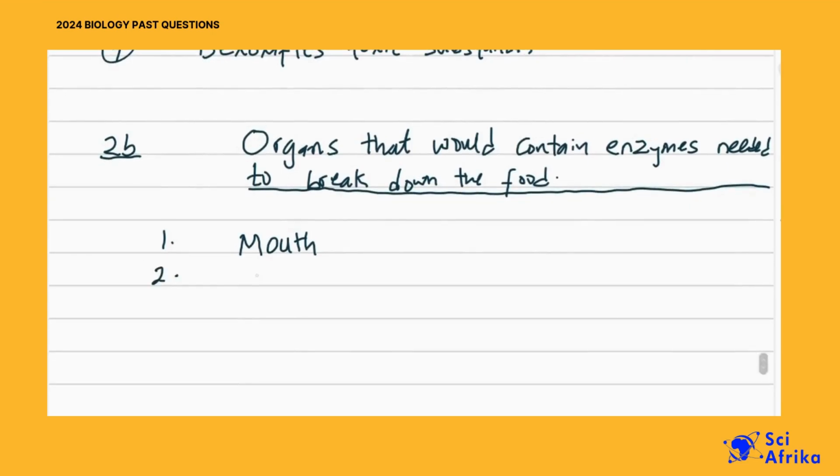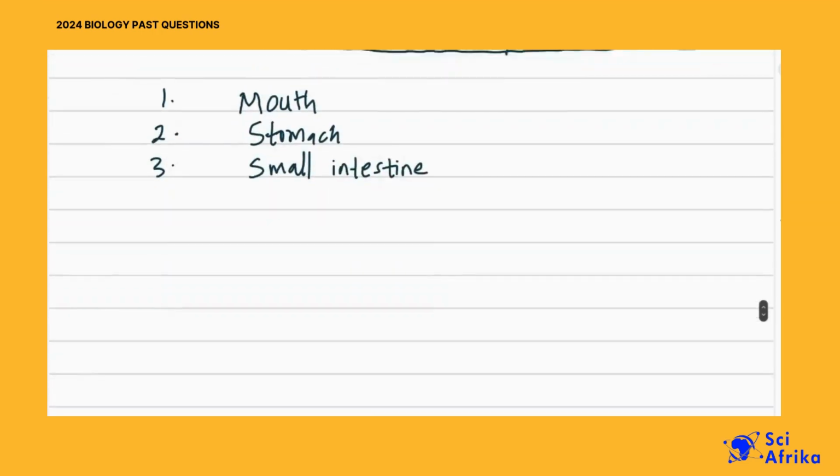The stomach has pepsin, and the small intestine has the enzymes lipase and erepsin for digestion of food. So the mouth, the stomach, and the small intestine are the organs that contain enzymes that help to break down the food.